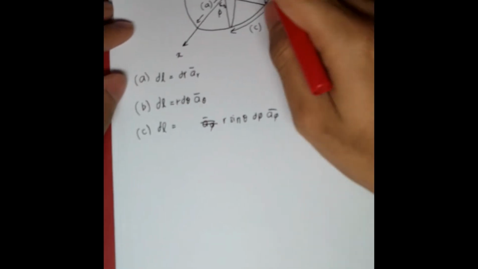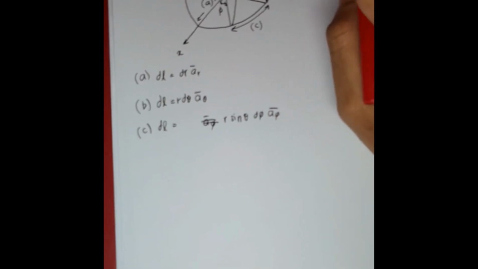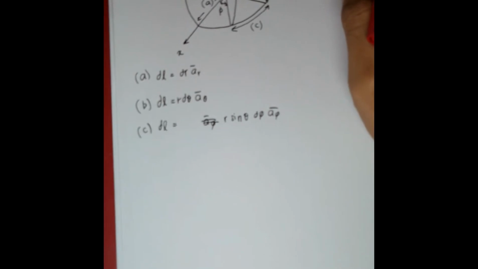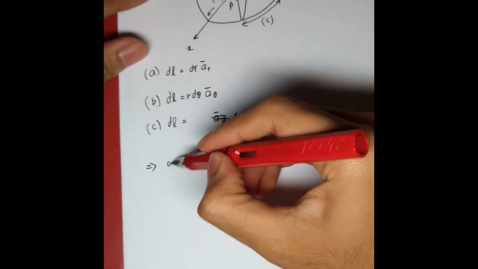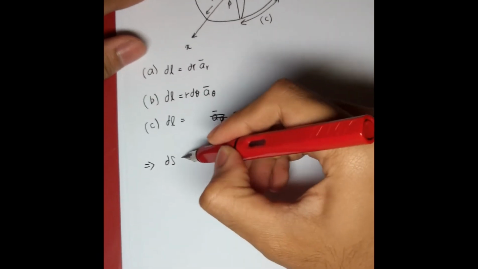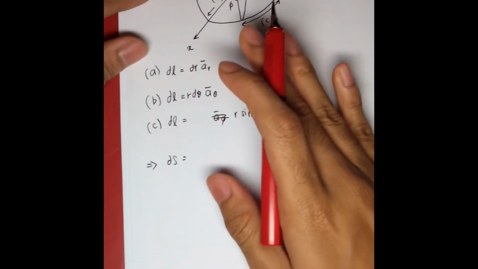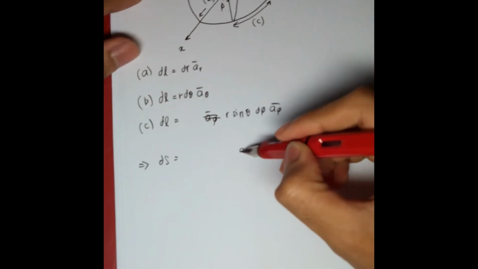Now this surface, we can see that it is pointing towards radius r. Therefore, the surface is pointing to r, so the unit vector should be a r.